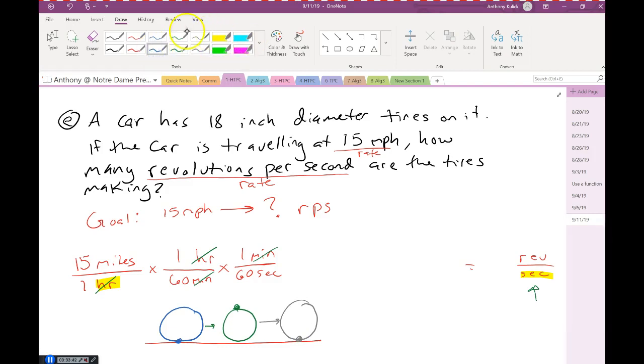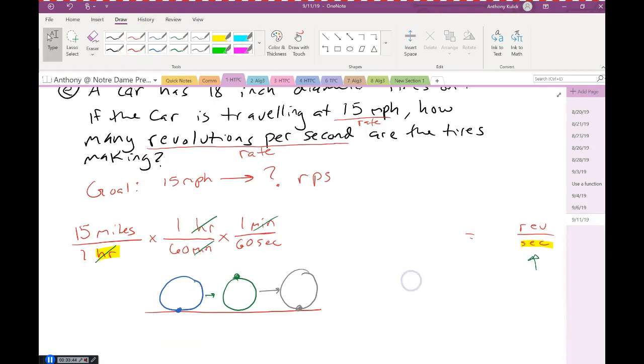The question then becomes, how far is that? It is 1 circumference of our circle. Imagine if I severed my circle right here and laid that distance down.